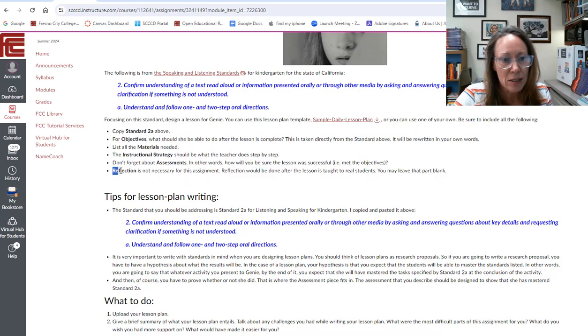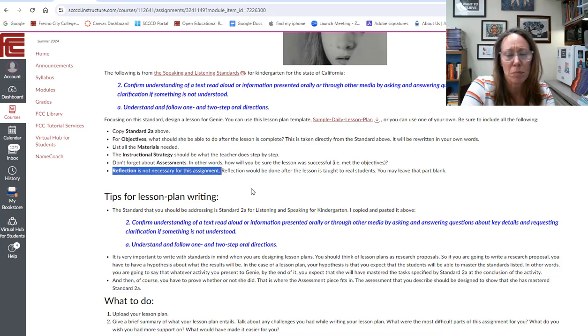One thing is the reflection. It's not necessary. You could add it if you want, but normally this part of the lesson plan is included after you actually teach the lesson to real students, real people, and then you reflect on it and say, okay, what part worked, what part didn't work so well, how would I change it if I do it next time, that type of thing.